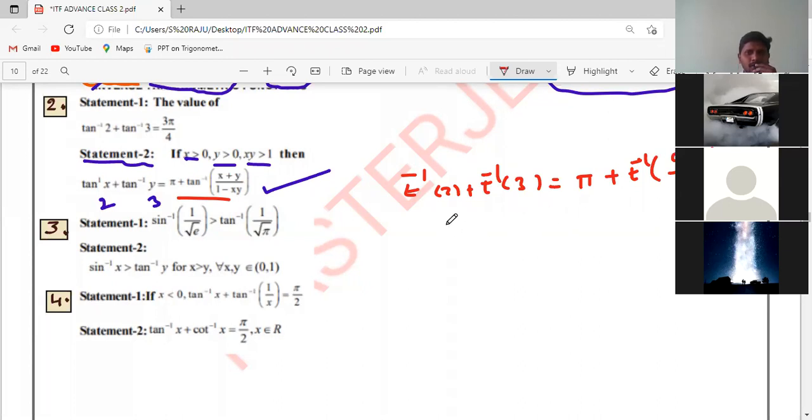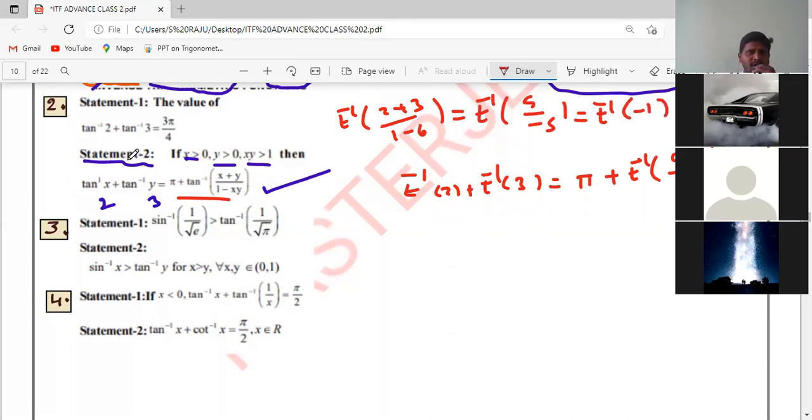Then is it 3 pi by 4? Anyhow, you can take the tan inverse x plus tan inverse y formula. So tan inverse of (2 plus 3) by (1 minus 6), so tan inverse of 5 by minus 5, tan inverse of minus 1. Finally, when I simplify this, I'm taking the LHS.